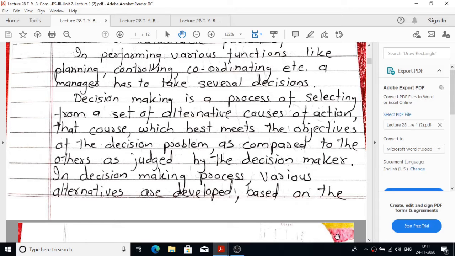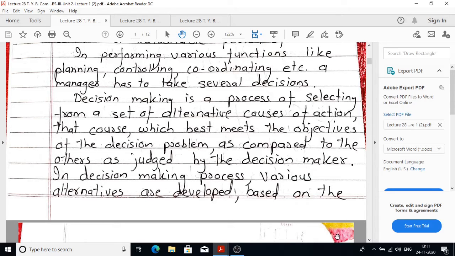Decision making is a process of selecting from a set of alternative courses of action that course of action which best meets the objective of the decision problem as compared to the others as judged by the decision maker.